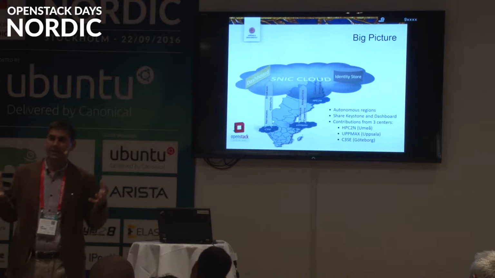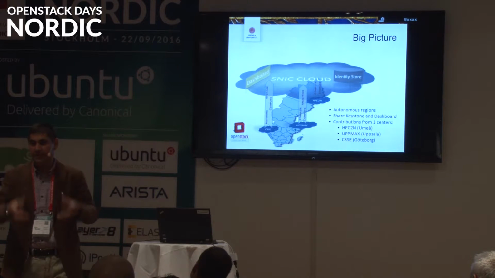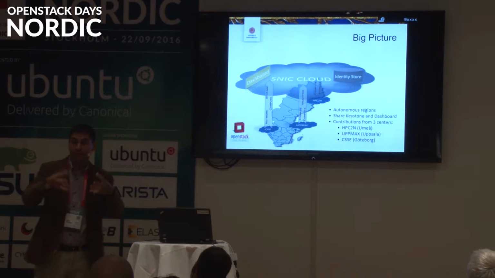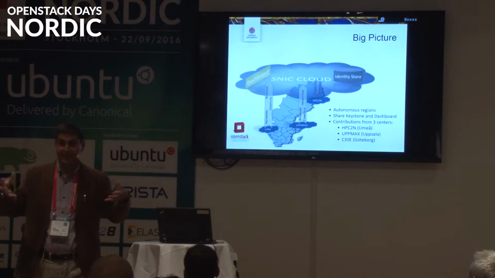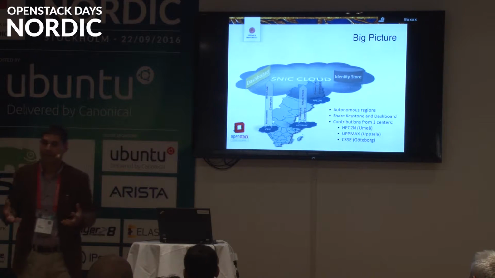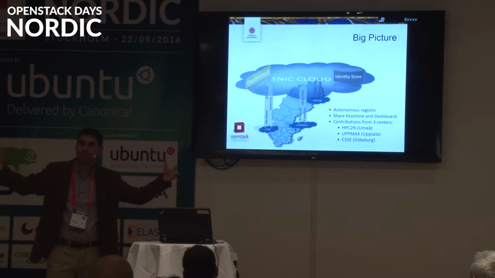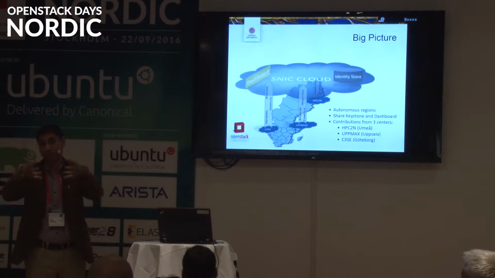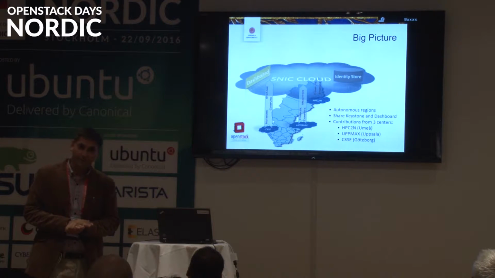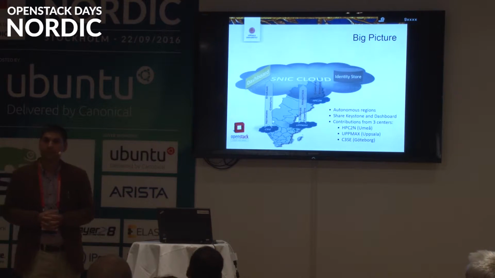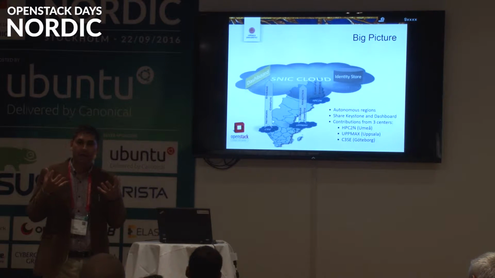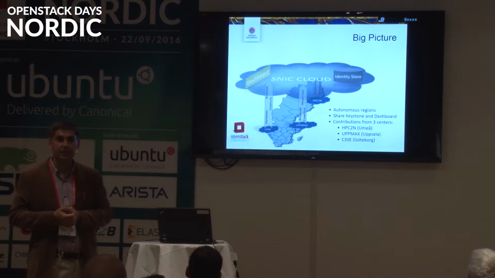But at the end of the day, if they are independent organizations, they have the resources within their premises and would like to contribute, but it is not one data center, and it was not clear from the very beginning how to handle all the resources under one umbrella kind of operation. So yes, we had organizations that would like to contribute, but we needed to come up with a strategy for how these three different organizations can work very well together.